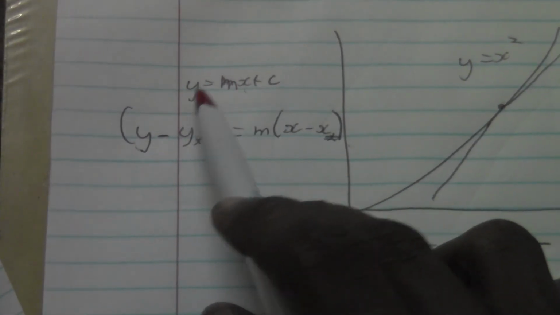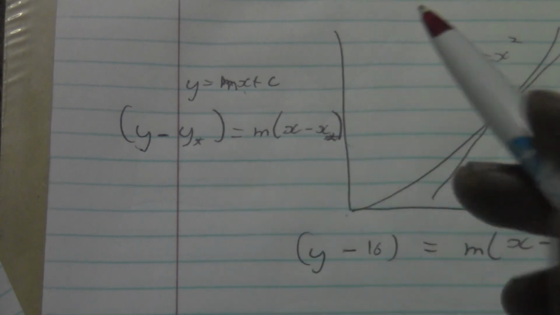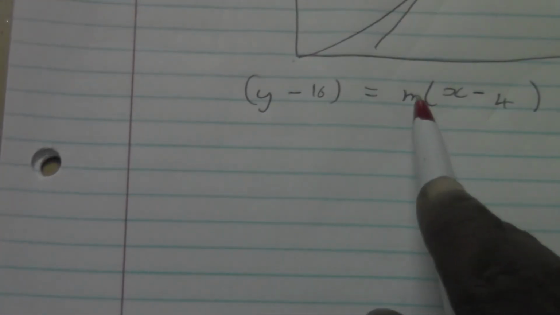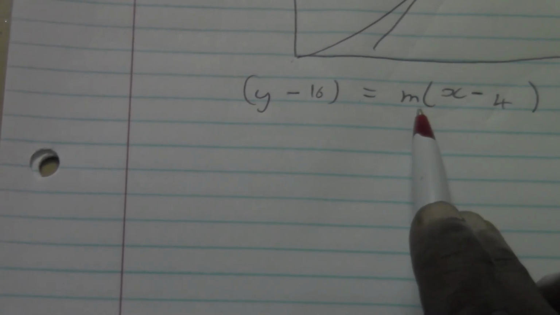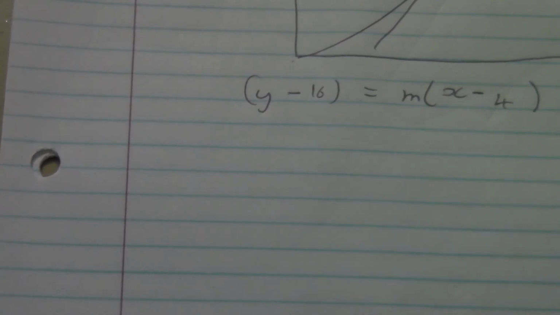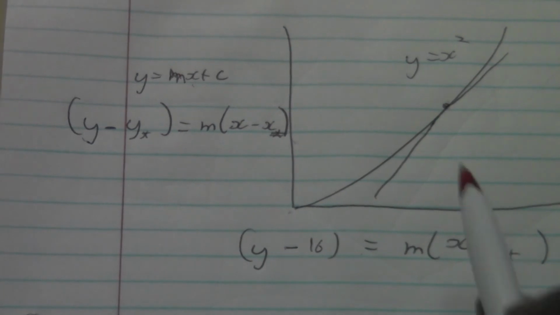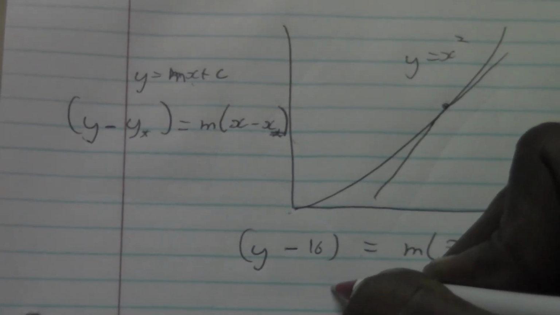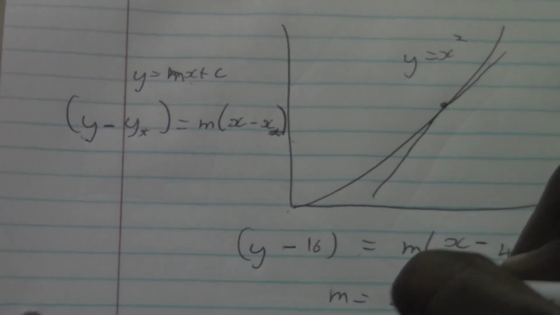This y and the x always remain as variables, but we have to find a number for the m. As I said, m is simply the gradient. And we did find the gradient equation of x squared by doing this. Remember, this was x squared, and we find the gradient equation for x squared is 2x. Right? So m is 2x.